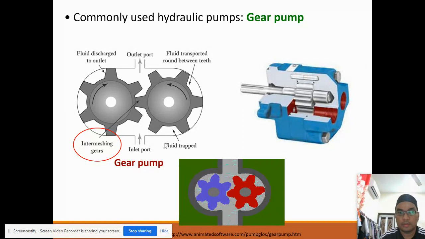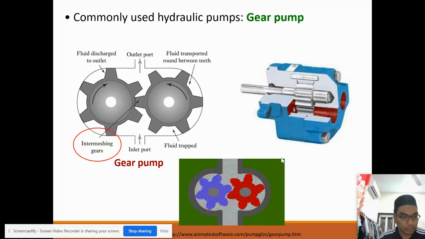The fluid is trapped and it moves following the movement of the gears, going out to the outlet port, to the next level of the system. So this is how it works.